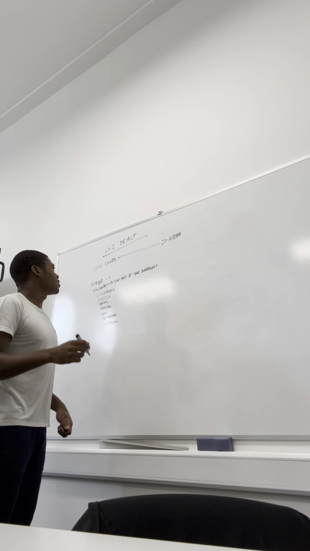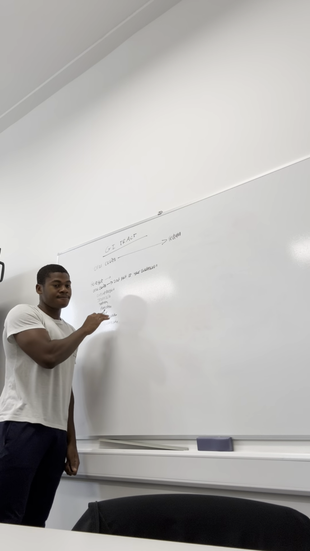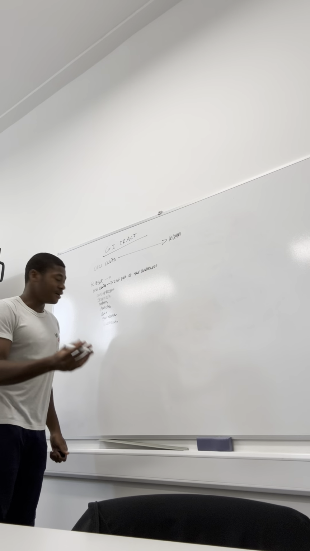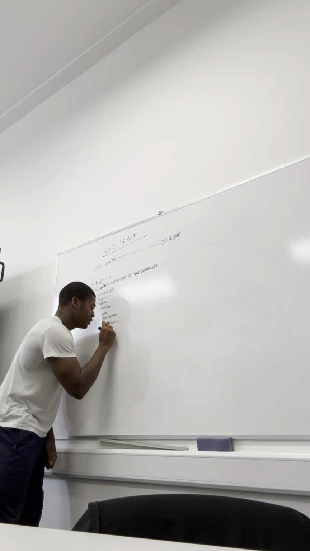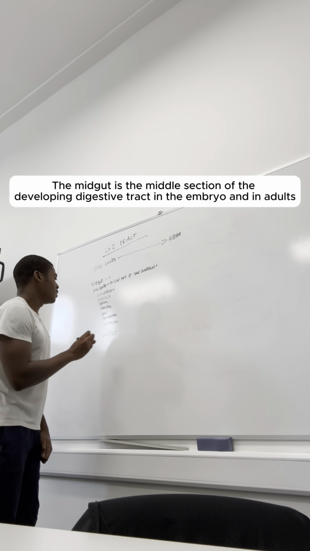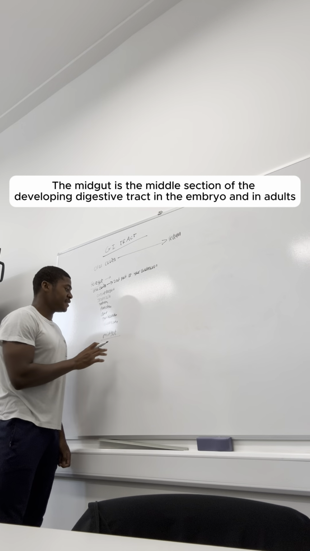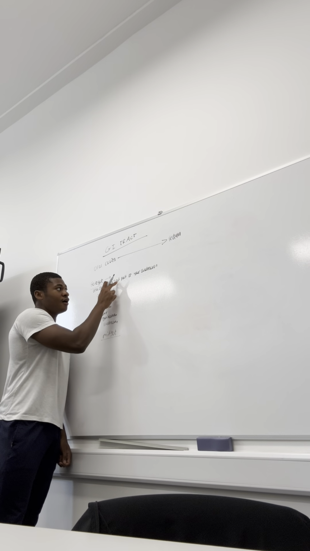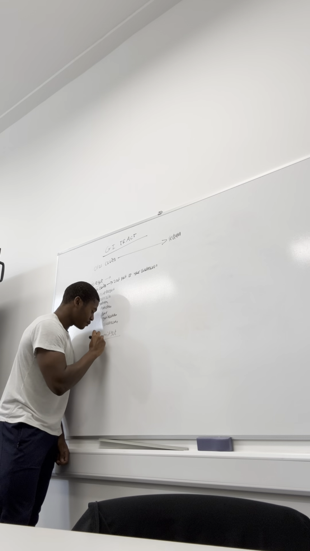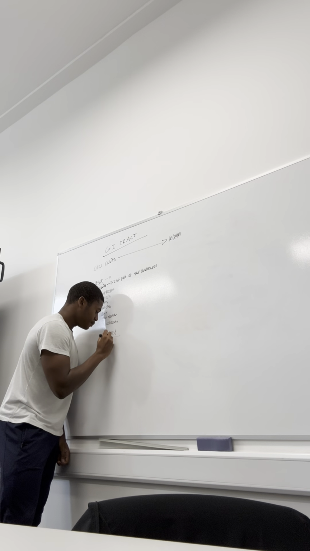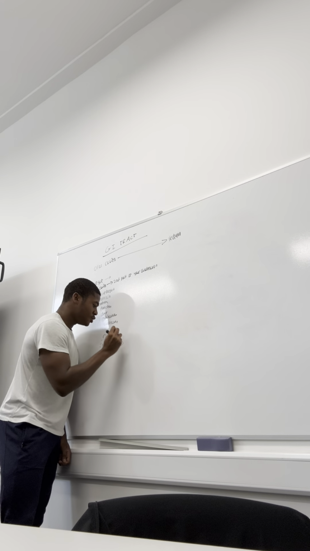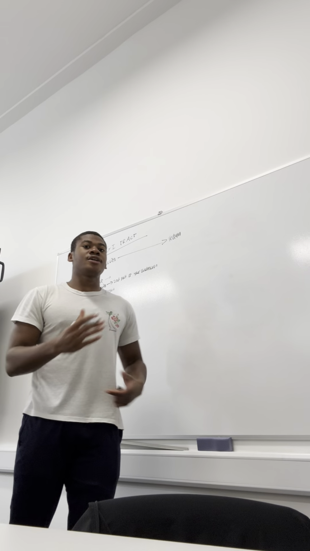Okay, so now that we've got foregut out of the way, let's go on to the midgut. The midgut is the second subdivision of the gut, and this is everything, obviously, after the second part of your duodenum, all the way to 2/3 across your transverse colon.